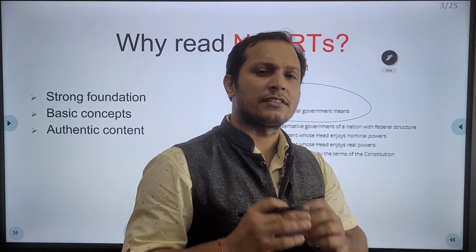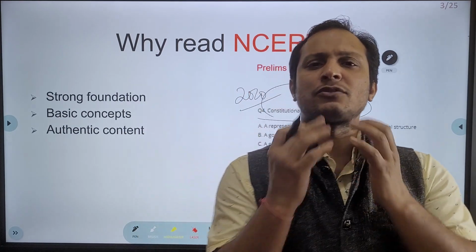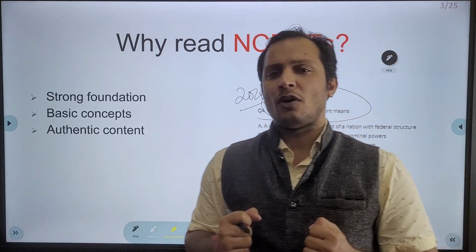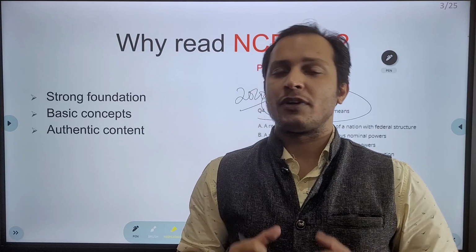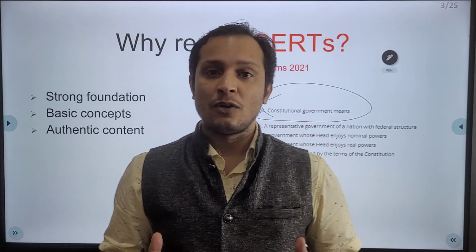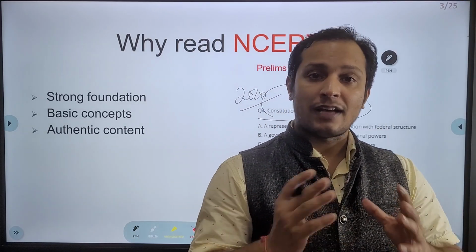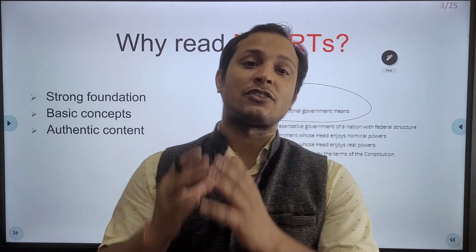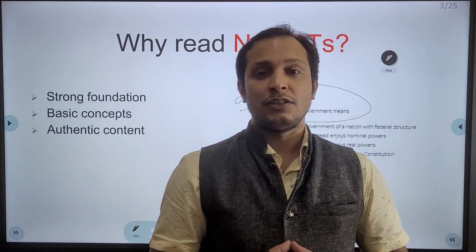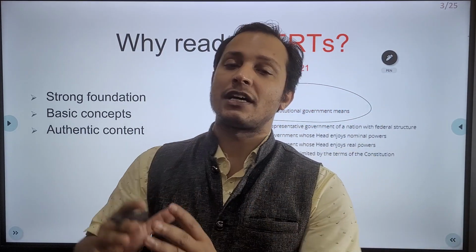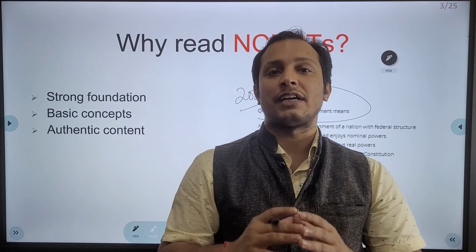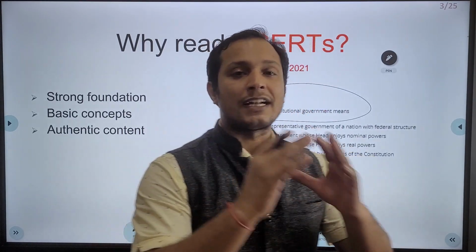Lakshmikant does not discuss some basic concepts of Indian polity or polity in general. For example, what is a state? What is a government? Last year there was one question on state also, the concept of state. If you have read just Lakshmikant, it will be impossible for an aspirant to solve that question.